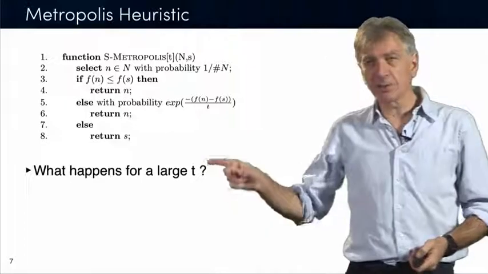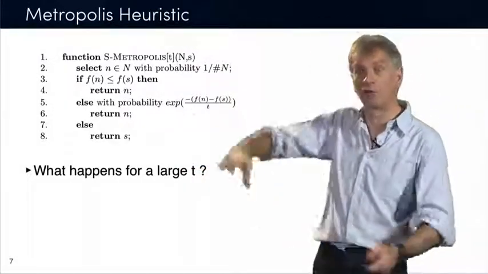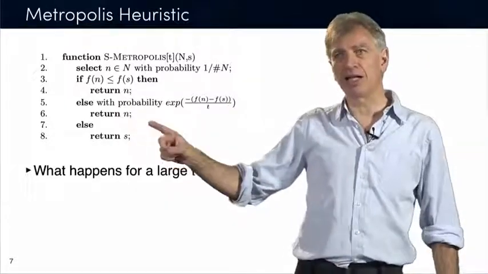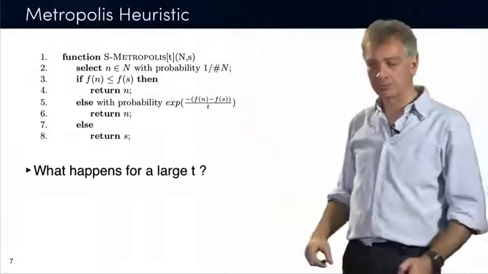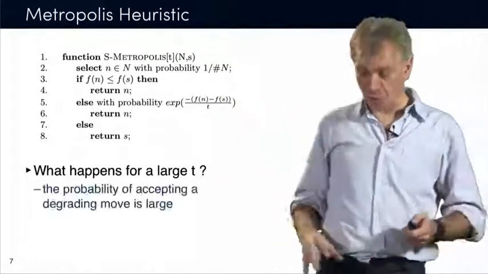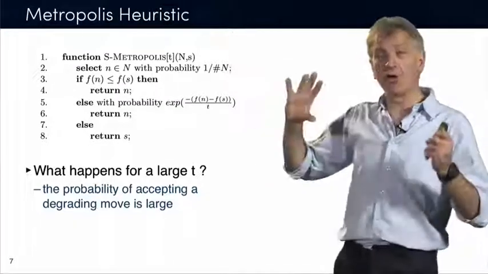Now, let's look at this temperature. If this temperature is very large, what's going to happen? If the temperature is very large, that value is going to be essentially tiny, and therefore the probability of accepting the move is going to be very, very high.